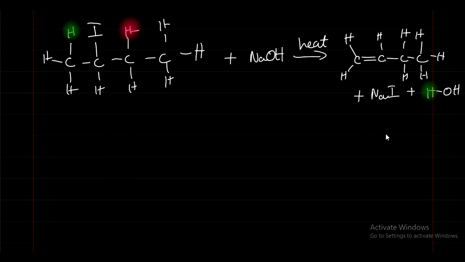So now we have another possibility of product. If the red hydrogen is eliminated, what are we going to have? If the red one is eliminated, the double bond is going to be right here in the middle.